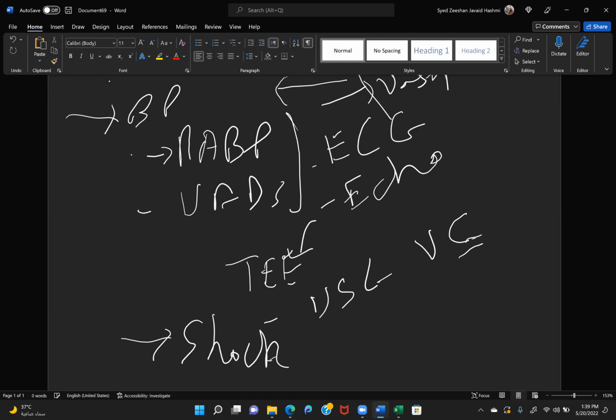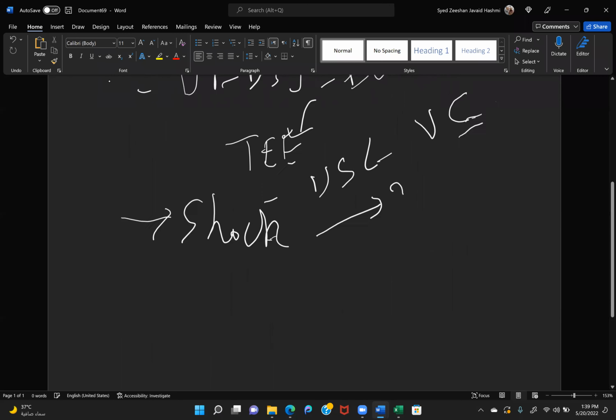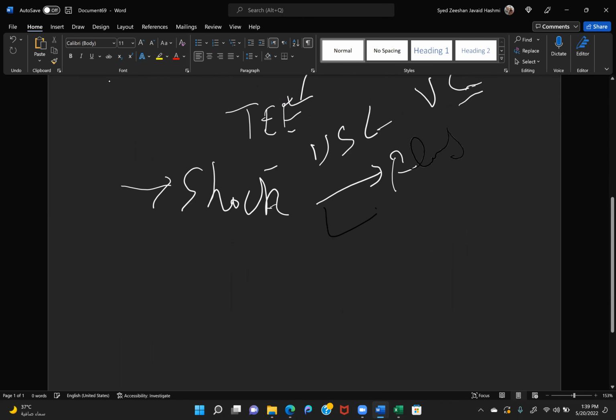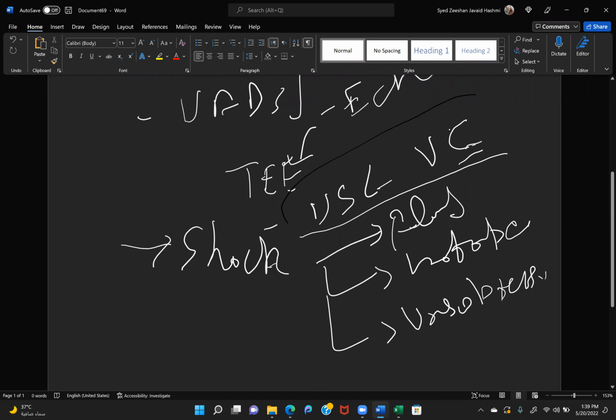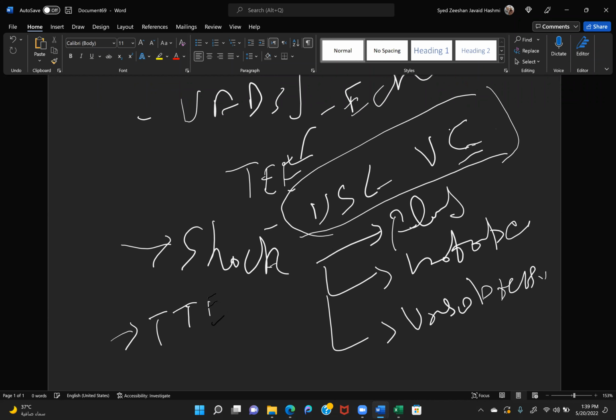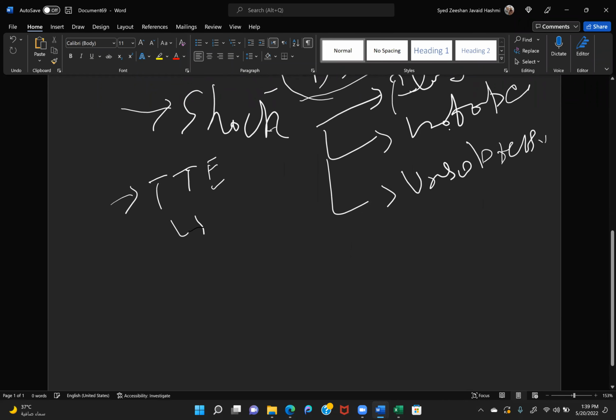So if some patient is in shock, whether that is responding to fluid or inotrope or vasopressor, okay, you will be deciding on the basis of a number of factors. One of them will be ultrasound of vena cava to see the fluid responsiveness, through the TTE, transthoracic echo, with the contractility, okay. Because now in recent advancements, ICU management is not blind.